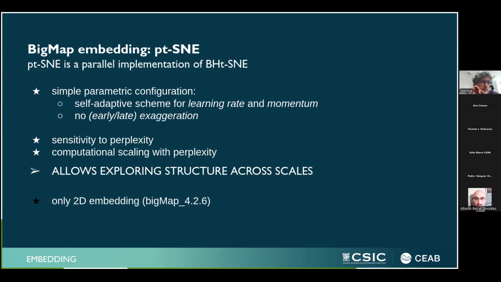Also, it scales well with perplexity, and these two features together result in that PTSNE allows exploring a structure across scales.